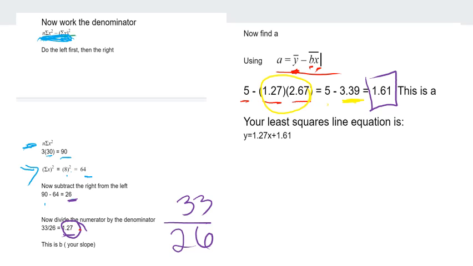So this is your A. Now that you have both pieces, the only pieces you need for your least squares equation, we can write out our least squares line equation, which is y equals 1.27x plus 1.61. That is it. That is the moment we've been waiting for. Just kidding, there's more.